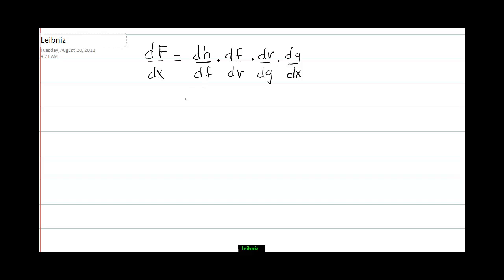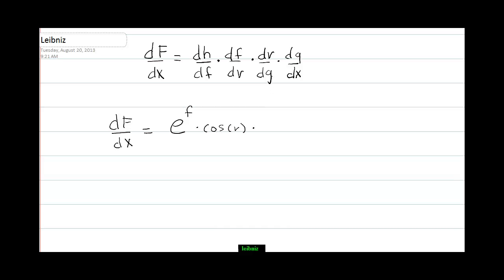We've already computed these, and so without further explanation, I believe you can see at this point that this is what I've already had from the previous page, where the derivative of h with respect to f was written as e to the f times the derivative of f with respect to r was the cosine of r.